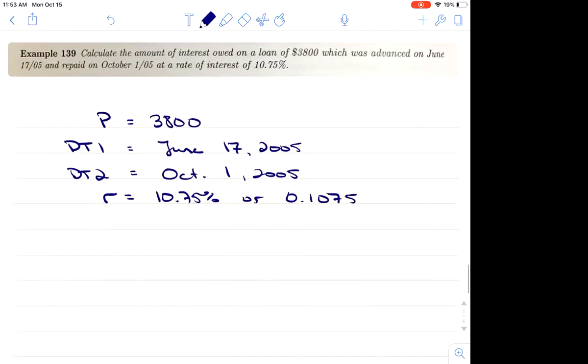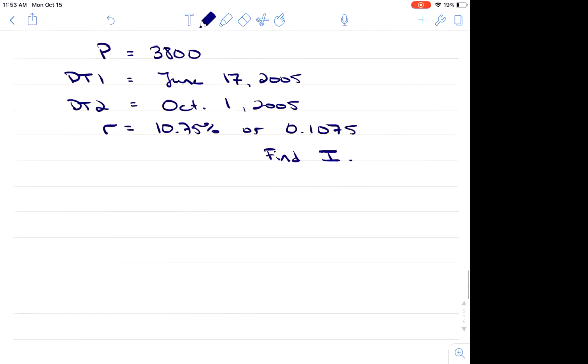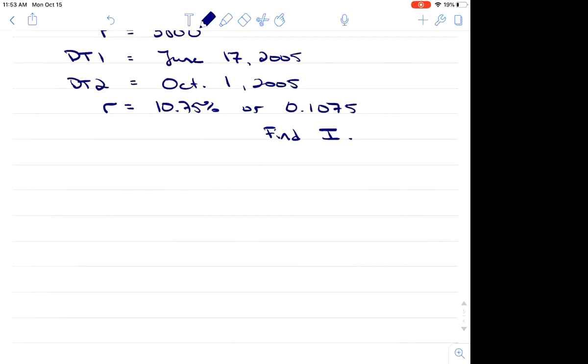We want to calculate the amount of interest owed. So find I. That's the amount of interest. Right. So first, right, we have to use date 1 and date 2 to find T.